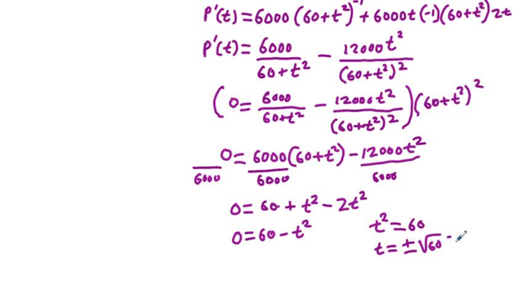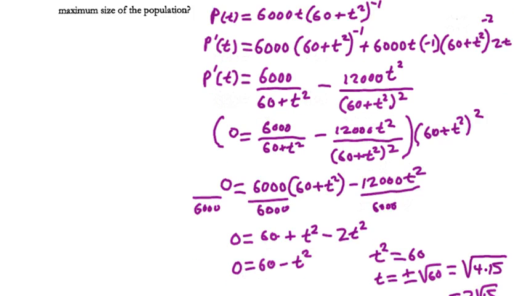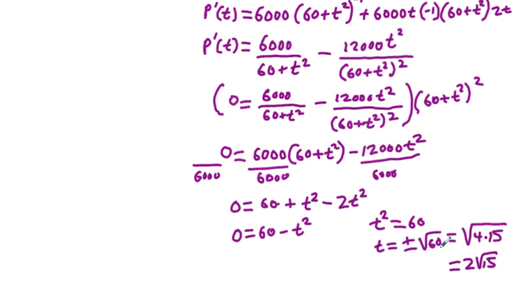And square root of 60 we can write as square root of 4 times 15, and bring out the square root of 4, which is 2, giving 2 times square root of 15. We're interested in time being positive, in weeks, so we're not interested in the negative square root. So time is equal to 2 times square root of 15, which is our critical number.